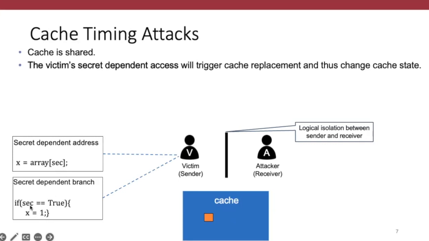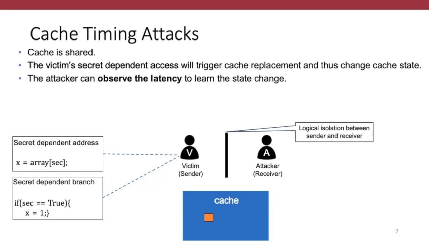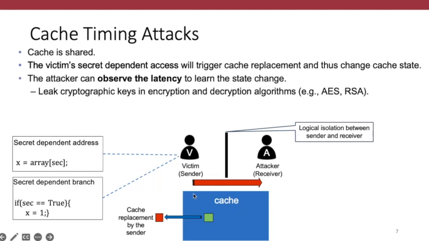Such secret dependent access will trigger cache replacement and thus change the cache state. The victim will access cache and change the cache state, and then the attacker can observe the memory access latency to see whether they get a cache hit or miss, and then infer the victim's behavior.